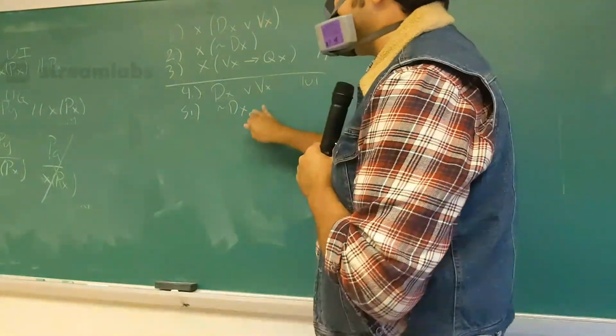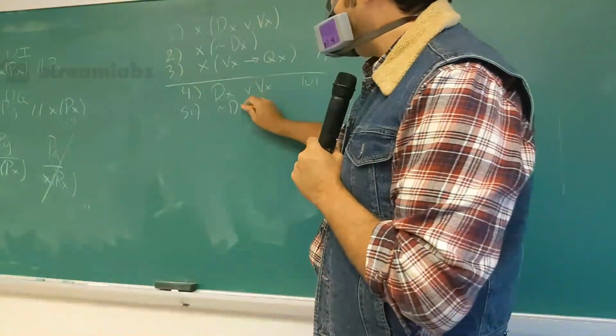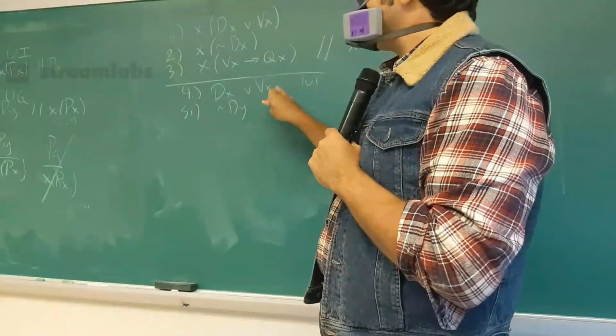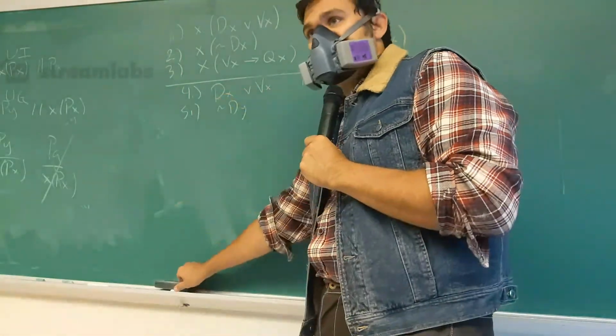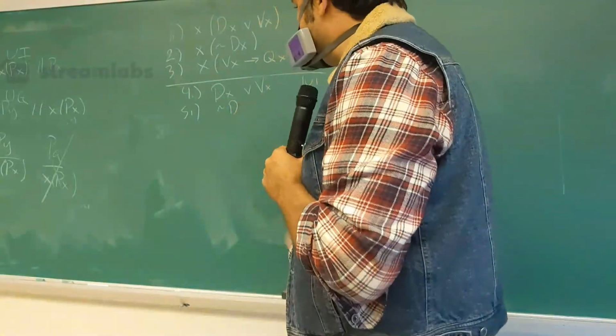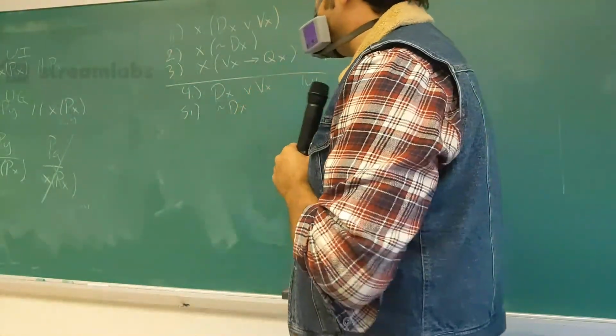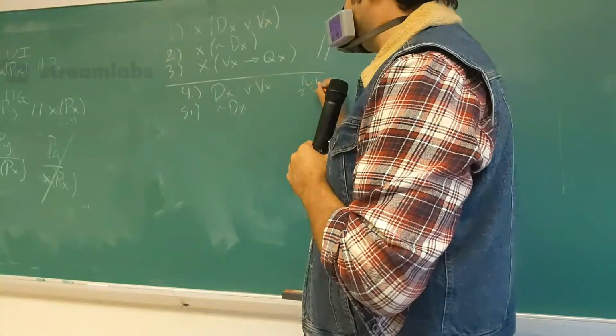And I can make it the same x here, right? If I did y, this proof wouldn't work, because now that's a different thing than dx, right? Okay, so not dx. 2 universal instantiation.